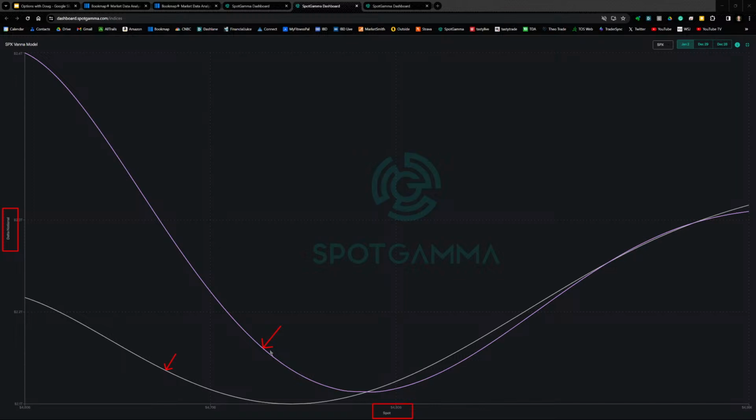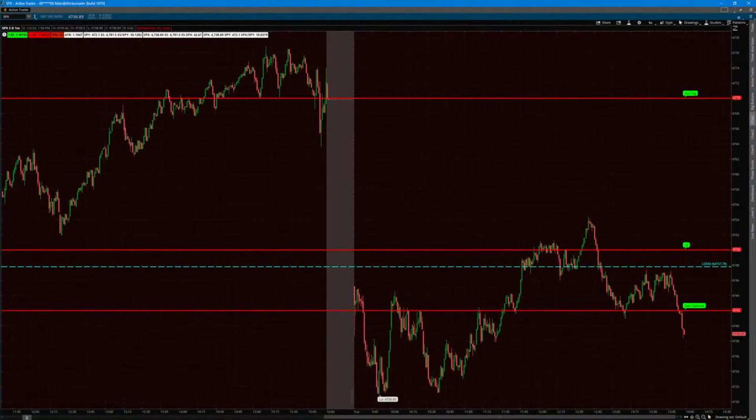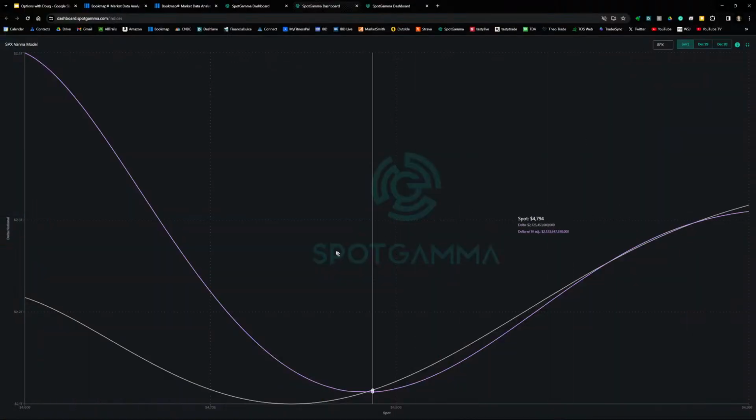Vanna is a second order Greek. And the purple curve is the one that we want to take a look at. All right, so let's check price. First of all, I want to take a look at the SPX. Low of the day, right around 47.31. So let's see where that falls on this curve.